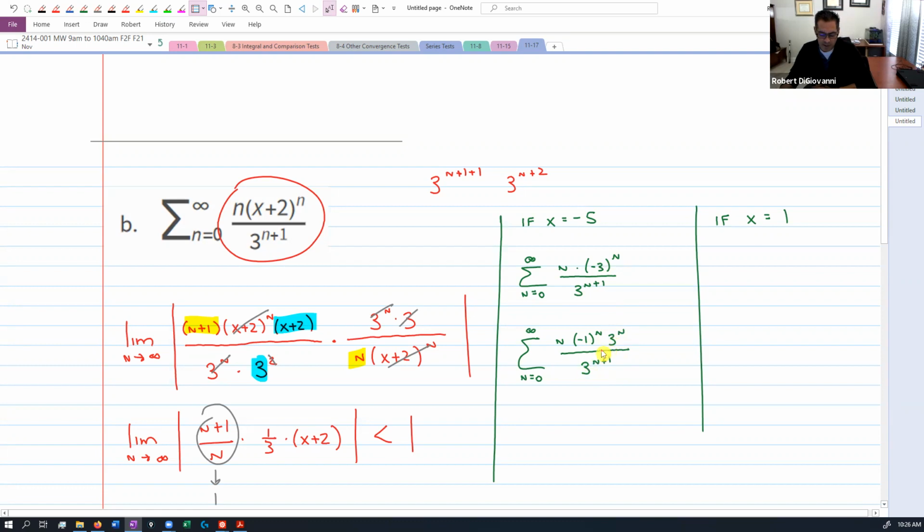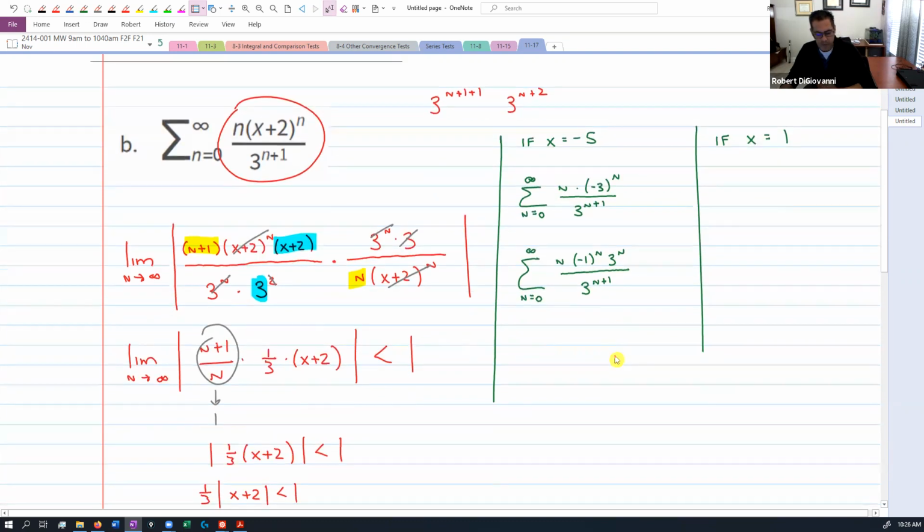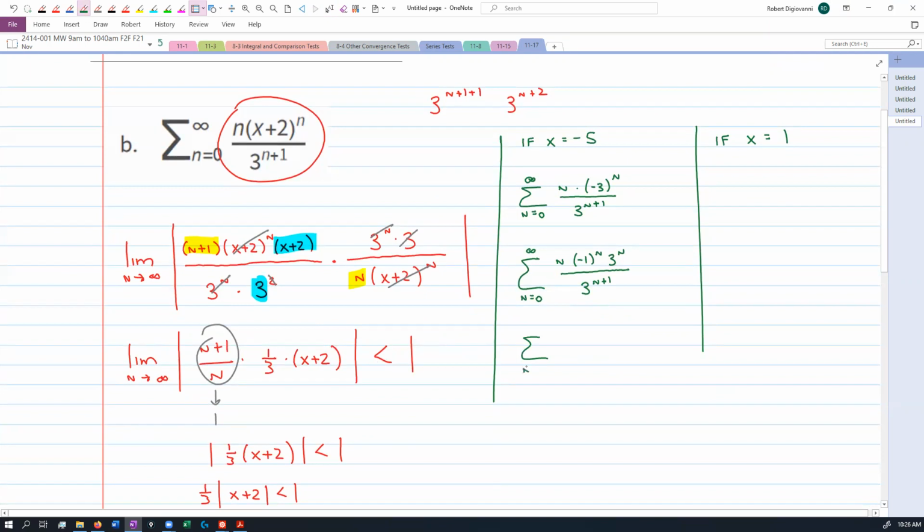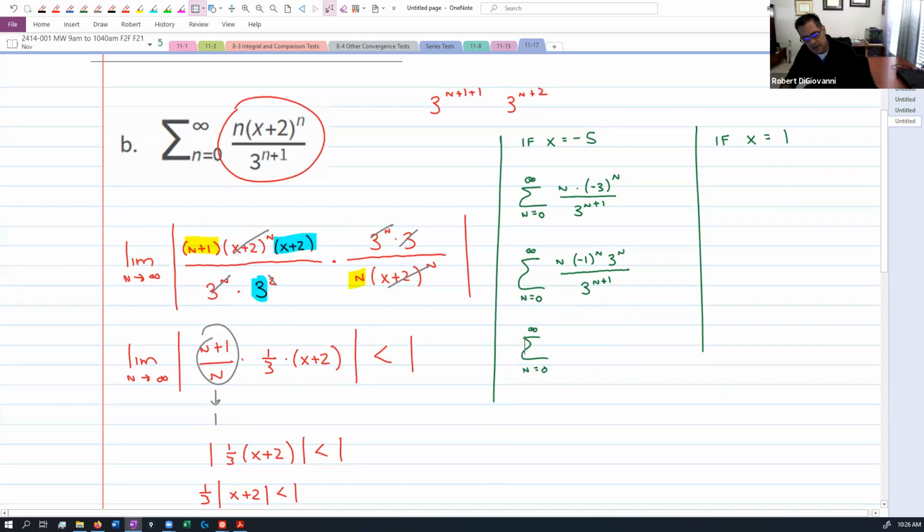What does that turn out to be? One-third? Yeah, just 1/3. Basically, you could look at this on the bottom as being 3 to the n times 3, and then the 3 to the n's cancel. So you just get a 3 on the bottom, right? So on the top, I have n, and then I have negative 1 to the n, and on the bottom, I have 3. All right, what are you going to do here?